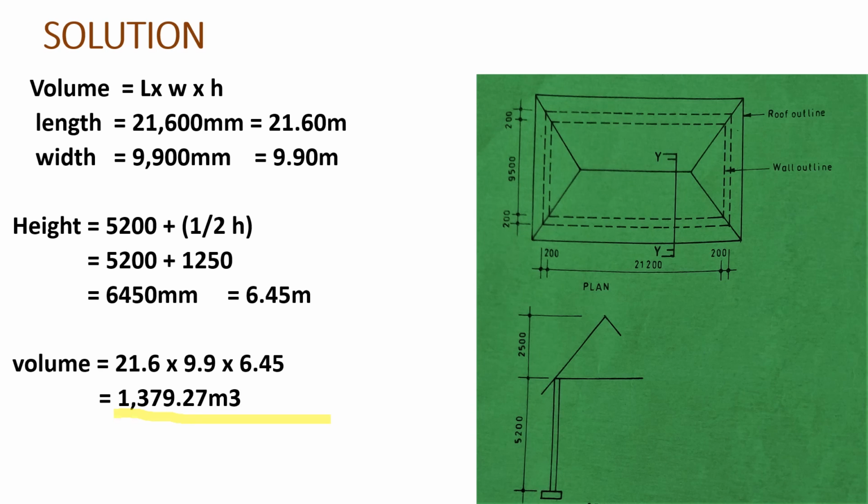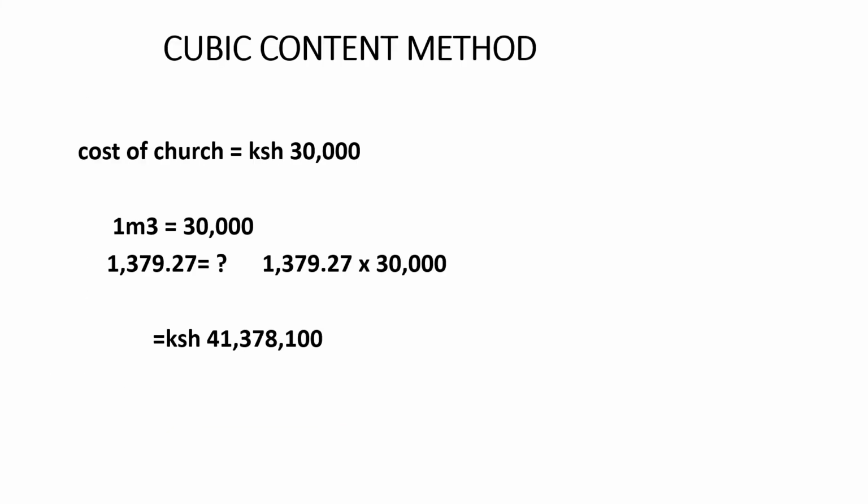Now we are going to equate our volume to the 30,000 per cubic meter. So the cost of the church that we've been given is 30,000. Now 1 cubic meter is 30,000. What about the volume that we've gotten? That is 1,379.27. So we multiply 1,379.27 times the 30,000.